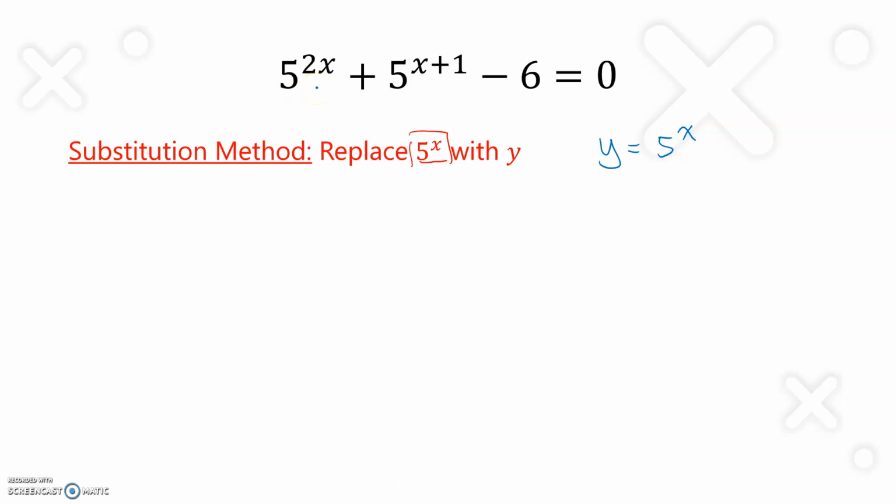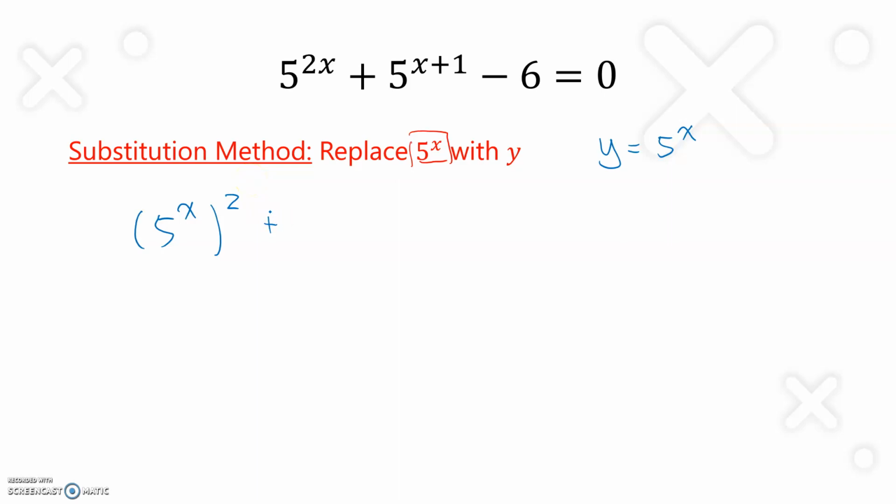Now let's look at the original equation. We are trying to rearrange a couple of things using the index law. The first term is raised to a power of 2x. We can rewrite that as 5 to the power of x, raised to a power of 2. Remember when we simplify, we bring the 2 in, so if we want to do the bracket, we can bring the 2 out as well.